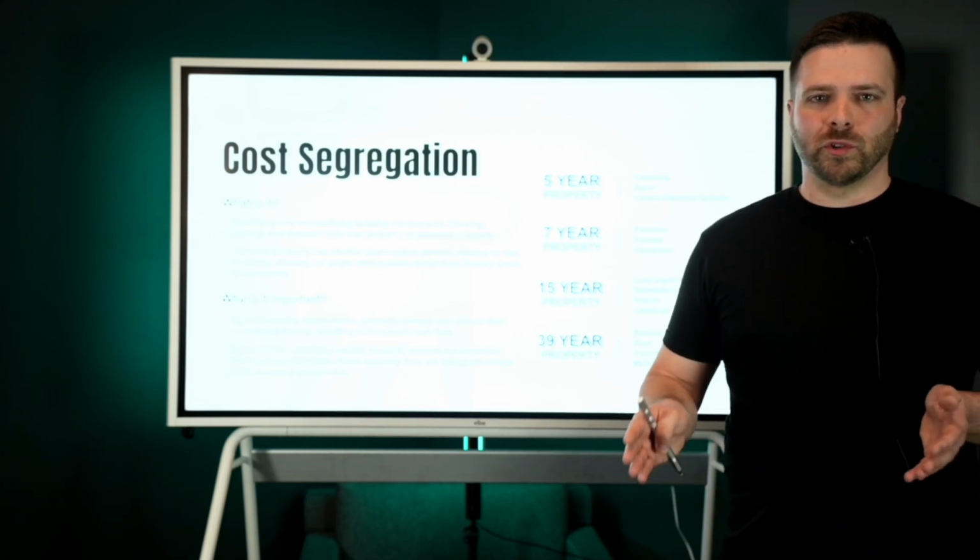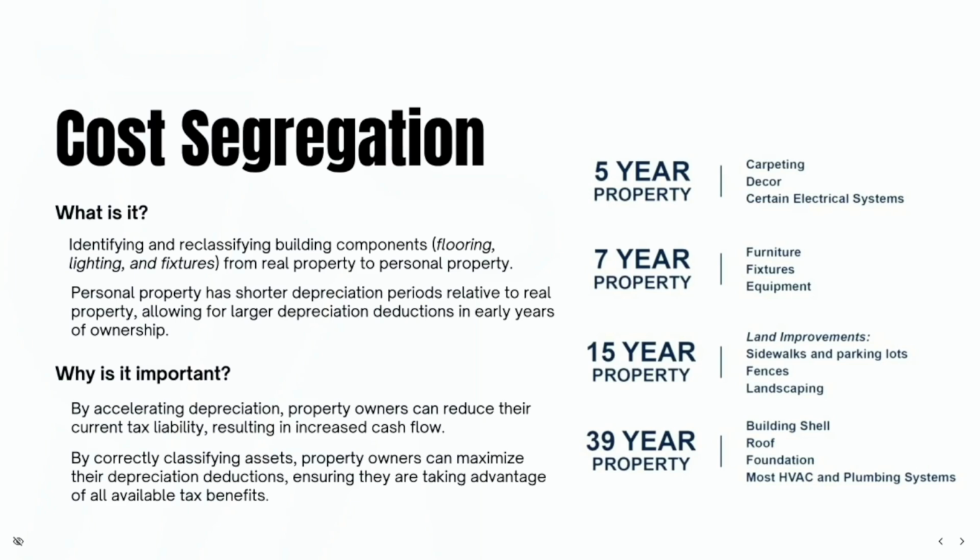It increases your short-term cash flows. Short-term cash flows are obviously a bonus for obvious reasons, but also from a time value of money standpoint, anytime you're able to defer your tax liability to a much later date, you're getting the benefit of having that cash flow now, which you can take to invest in other deals or put to use in other things that you might need that cash for, rather than having it paid out to Uncle Sam early on in the deal.